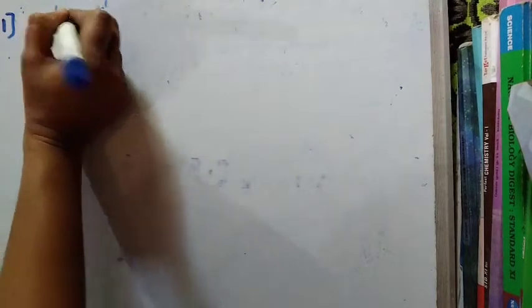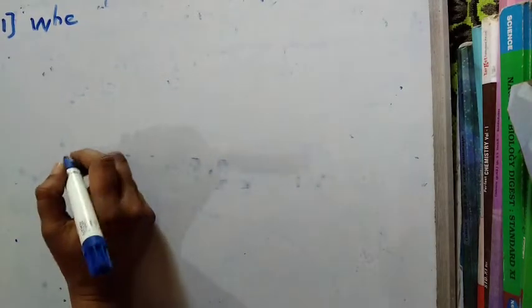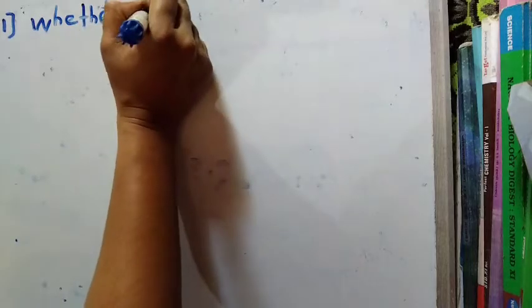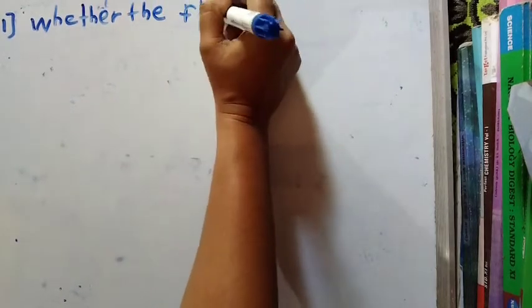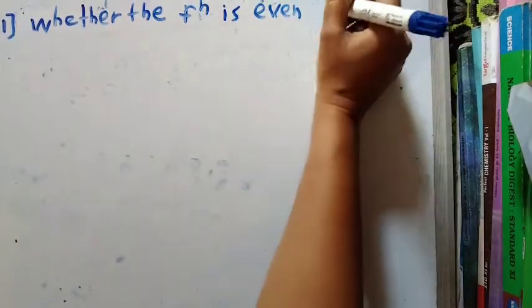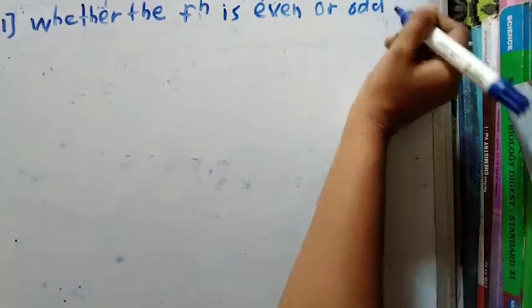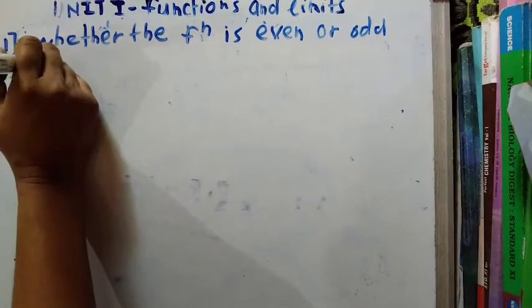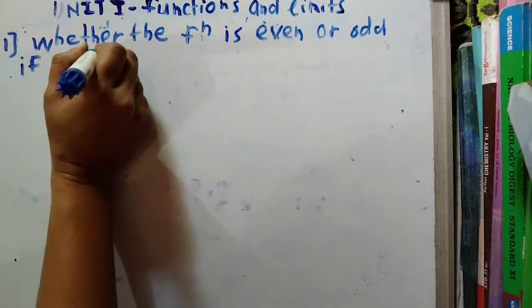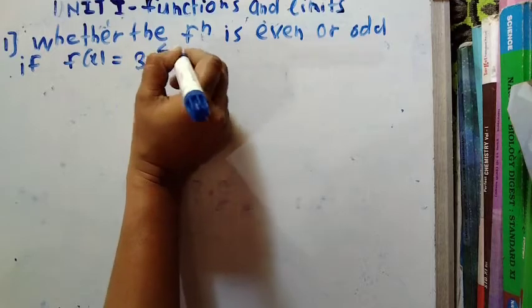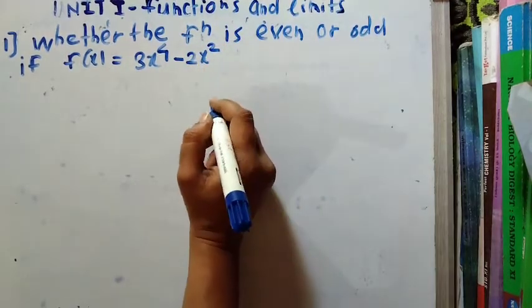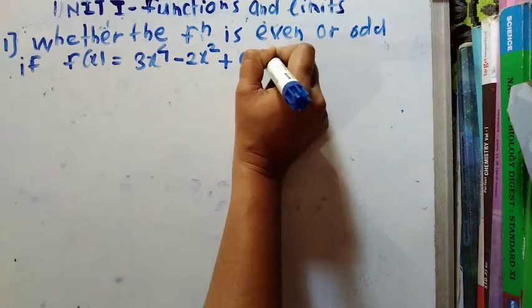Then the next example: whether the function is even or odd if f of x is equal to 3x^4 minus 2x square plus cos x.